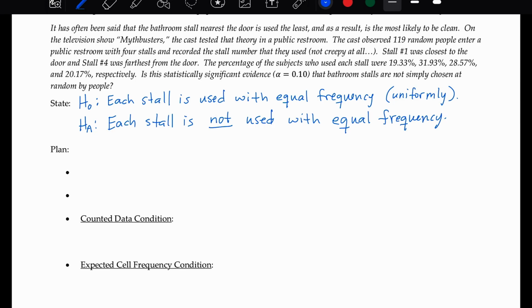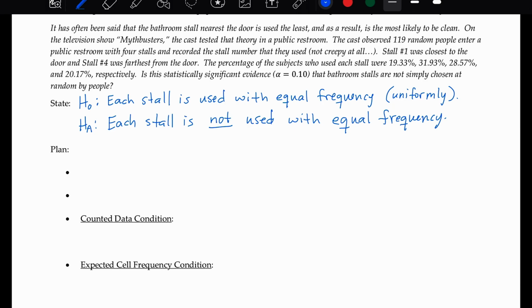So here are the hypotheses I came up with. Hopefully you said something similar, okay? If not, write this down. You can pause. The null is that each of the stalls is used just as frequently as each other. In other words, if there are 4 stalls, they're used 25% of the time uniformly, essentially.